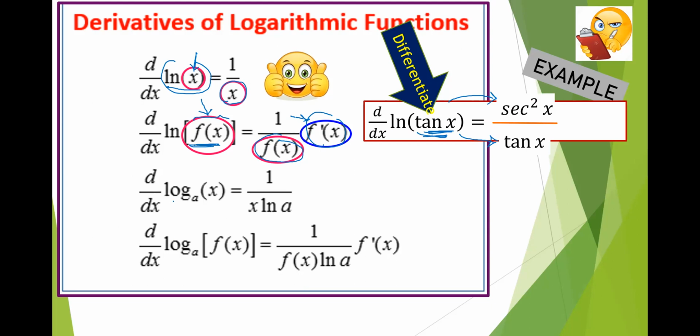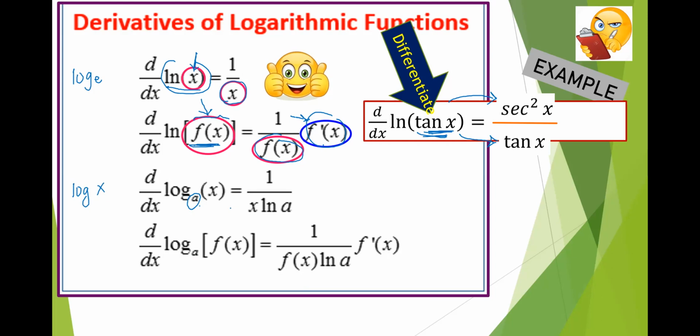Now, what about if you have this ln here, which is actually understood to be log to the base e. Paano kapag log to the base a? By the way, if this a is not specified, that is understood to be 10. Kunwari you have log of x, this means log to the base 10.